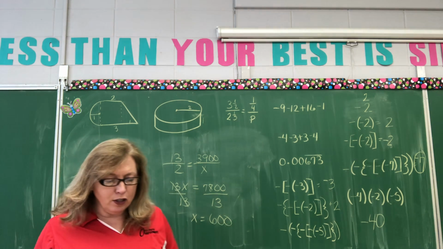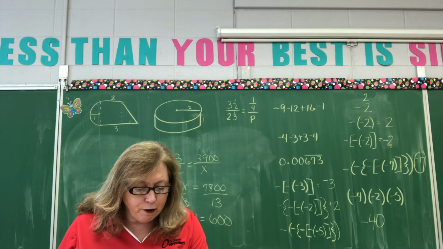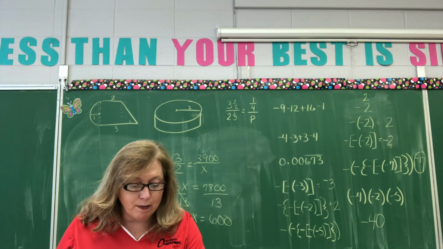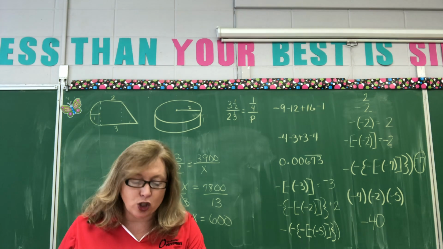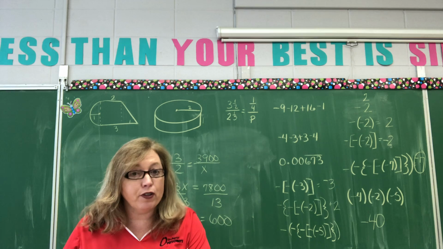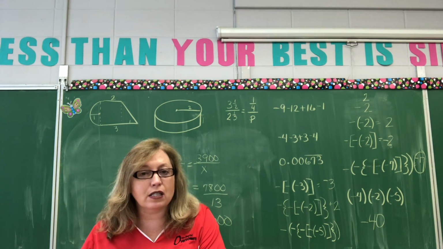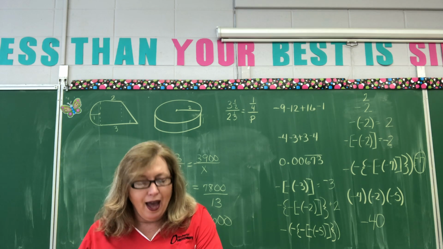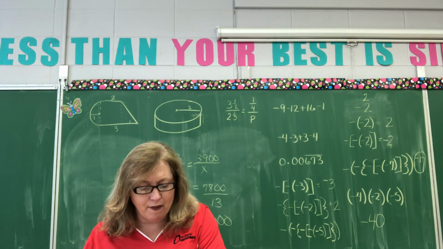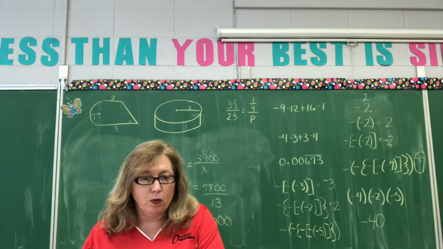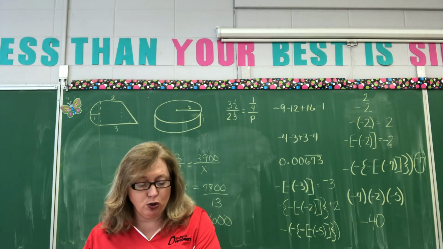Okay, let's continue looking at these. For 4 hours, Sam traveled at 40 miles per hour. Then, for the next 3 hours, he increased his speed to 60 miles per hour. How far did he go in 7 hours? Well, what do I have to do? He went at 2 different speeds.